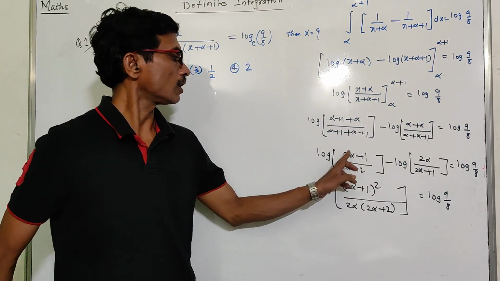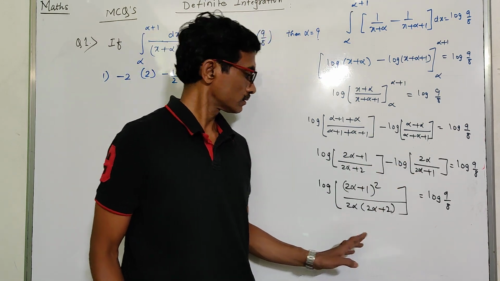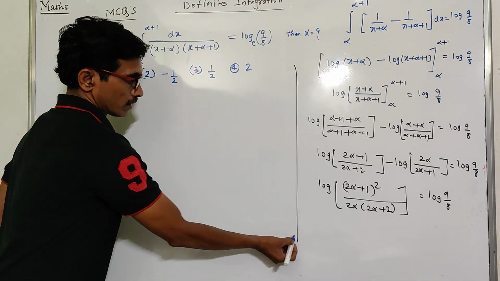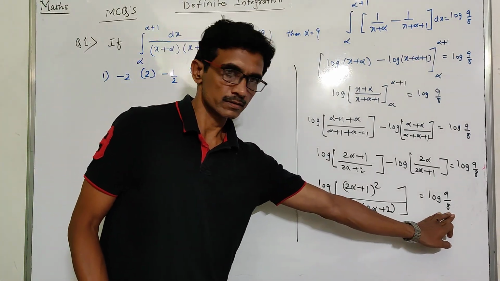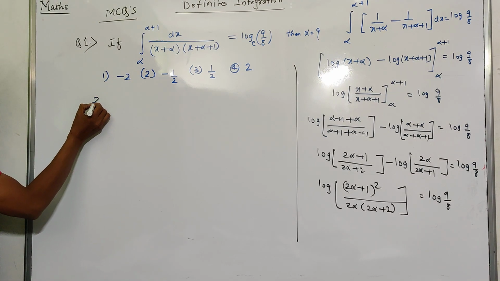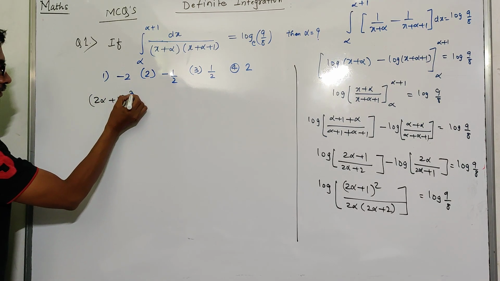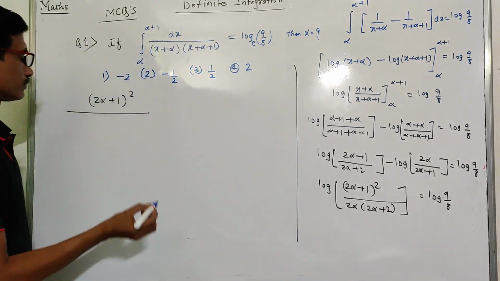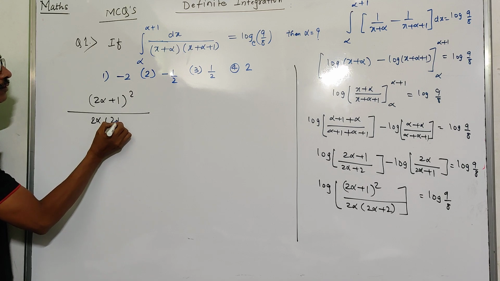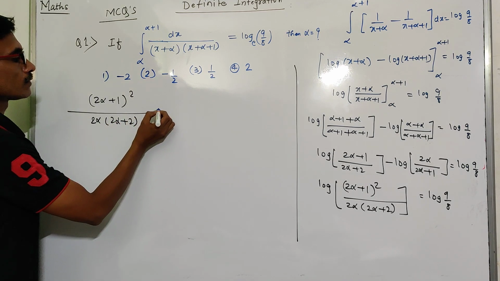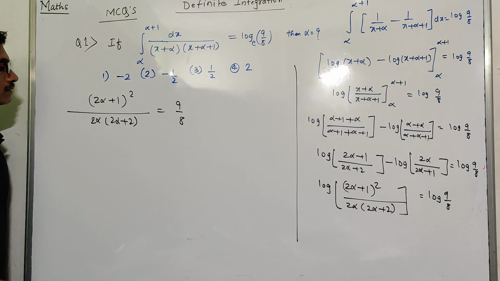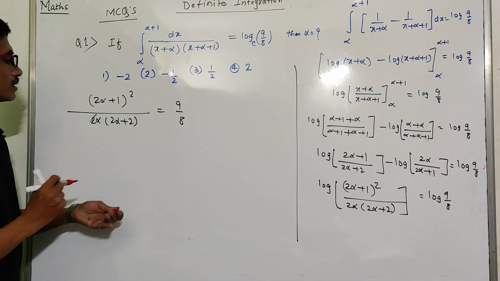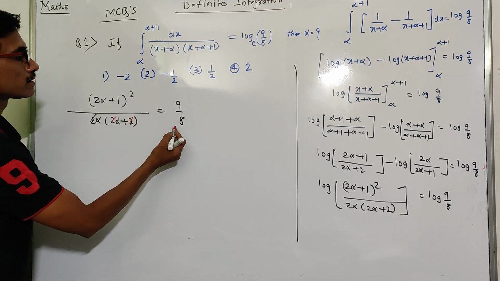Simplifying this, log m minus log n is log m upon n, that means we multiply by its reciprocal. Further, equate this: 2 alpha plus 1 whole square upon 2 alpha into 2 alpha plus 2 is equal to 9 by 8. Taking 2 common from this, it gets cancelled.